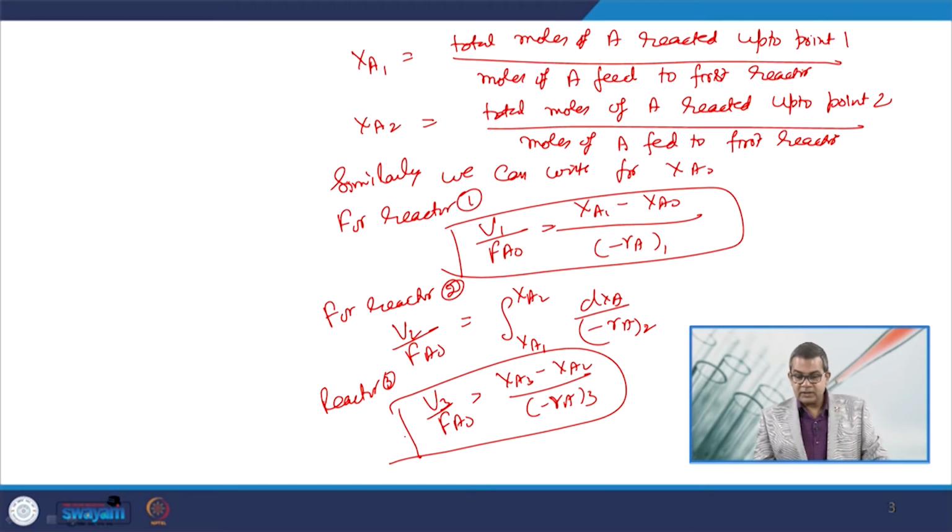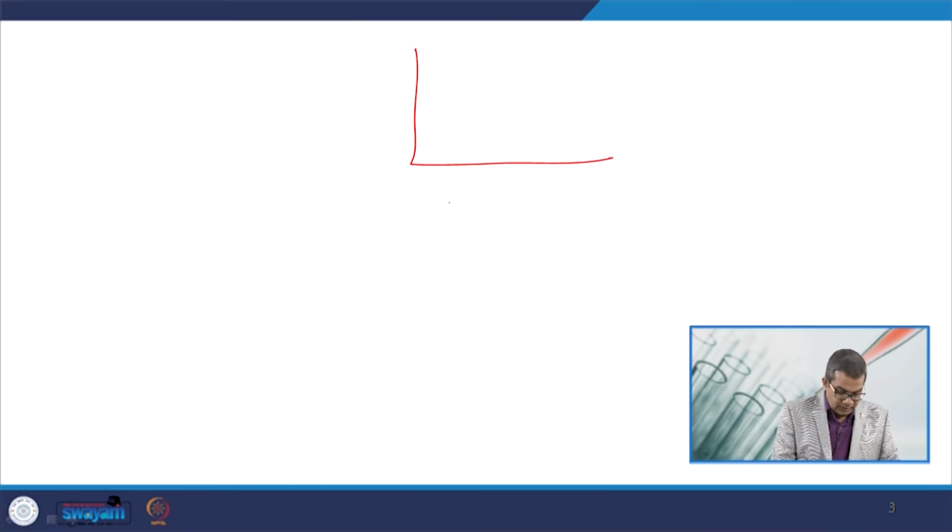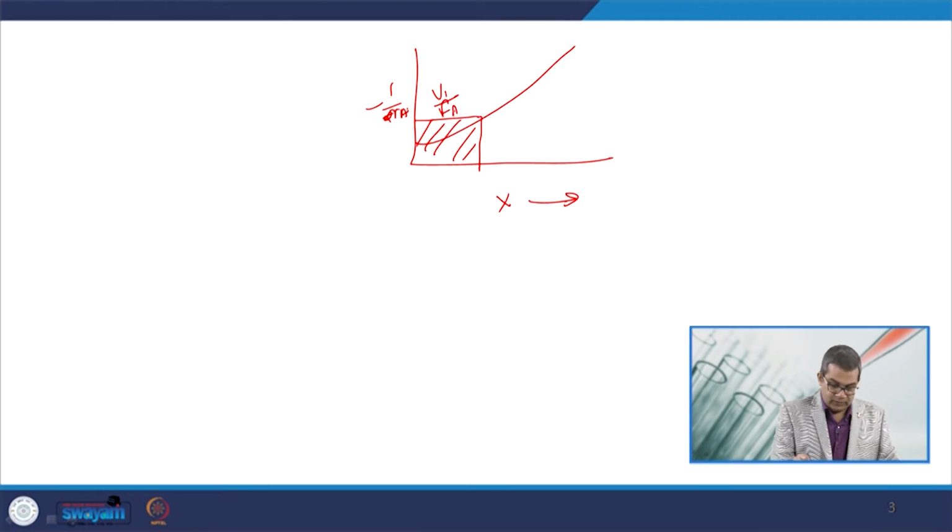Sometimes a graphical representation usually helps in this approach, and you can draw the graph with the conversion. So here this is the conversion. You may have such a graph where you represent the first reactor conversion like this with respect to 1 upon (minus r_A), that is V1 upon F_A0.